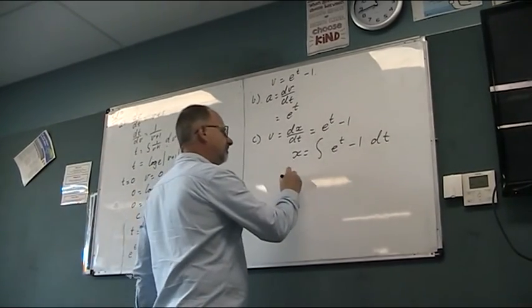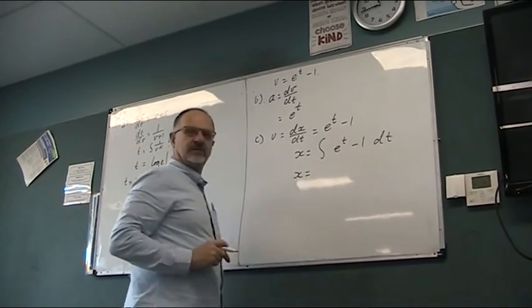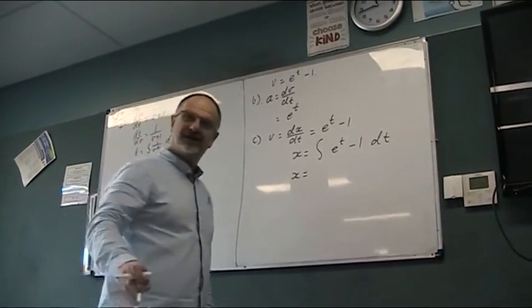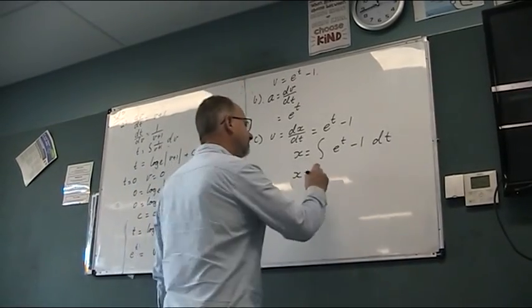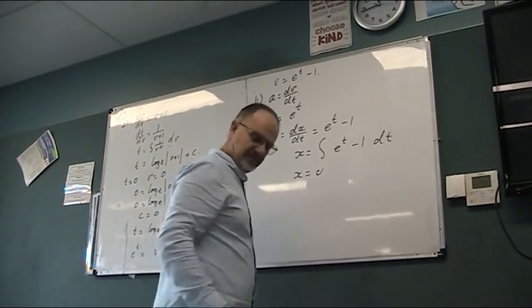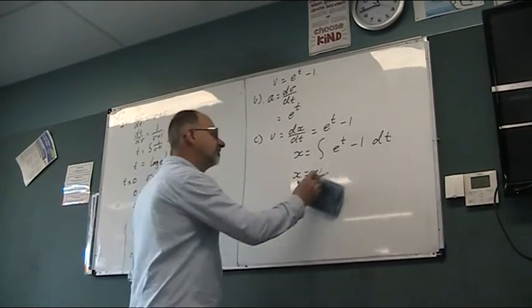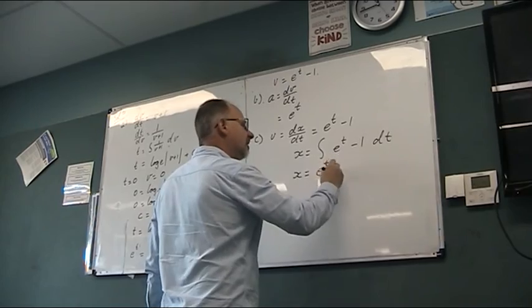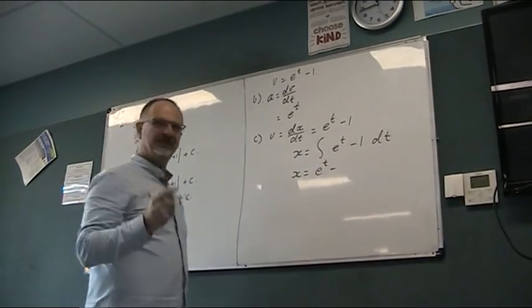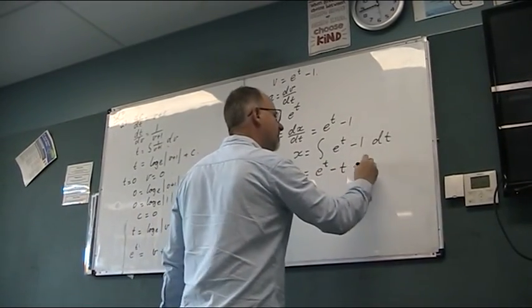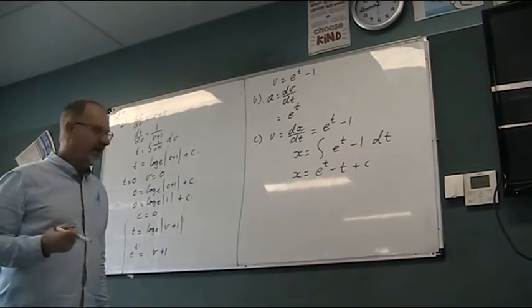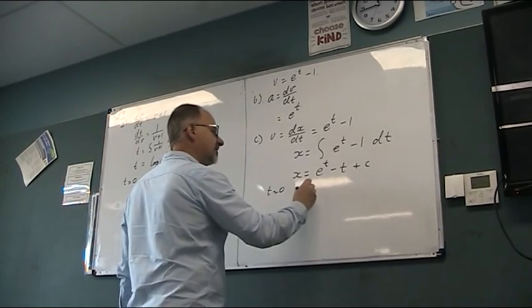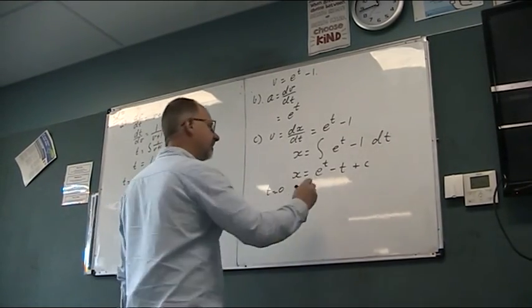And so e to the t becomes e to the t. Minus 1 becomes minus t, plus some constant, and we know that when t equals 0, the position was 0.